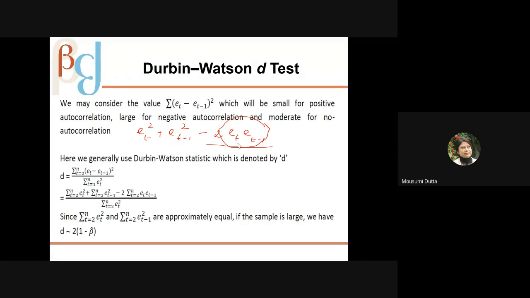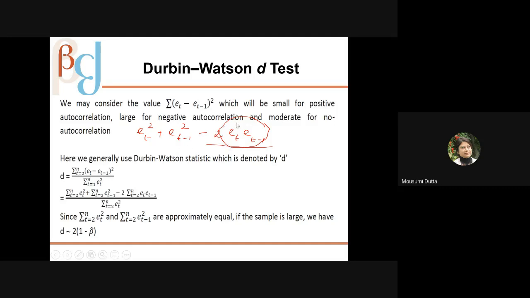So when there is positive autocorrelation, this value is smaller because I'm subtracting something. When there is negative autocorrelation, I am adding something, so the value will be large. And when there is no correlation between these two, this part will vanish, so it will be moderate.